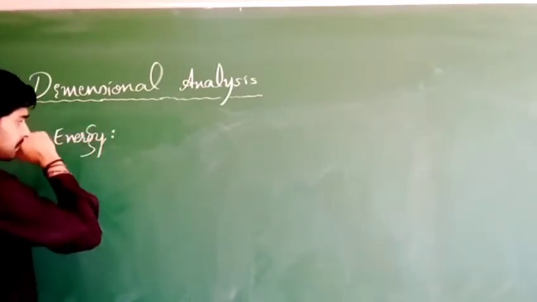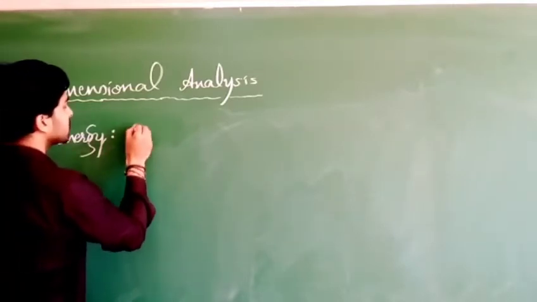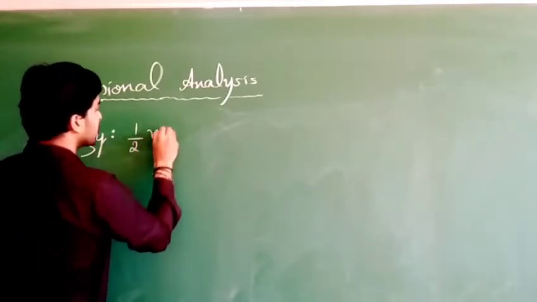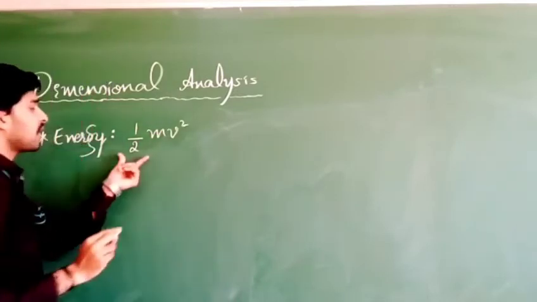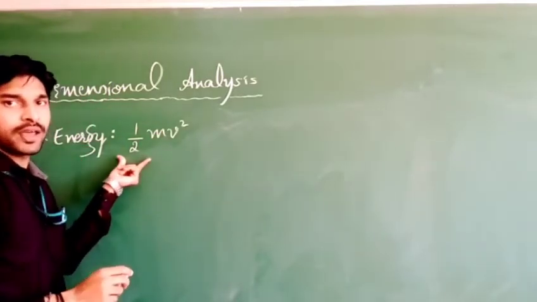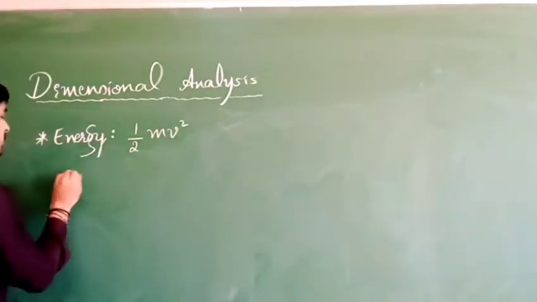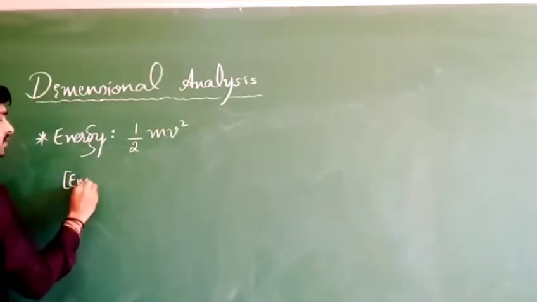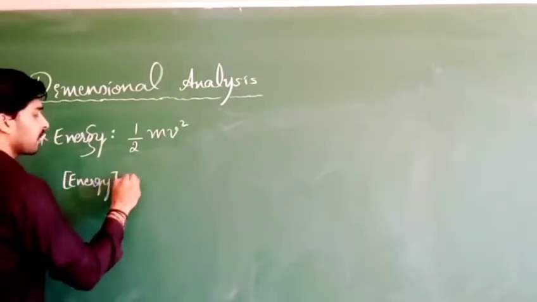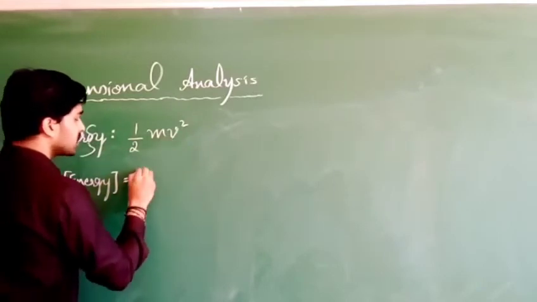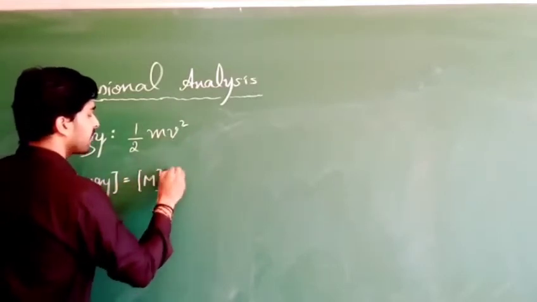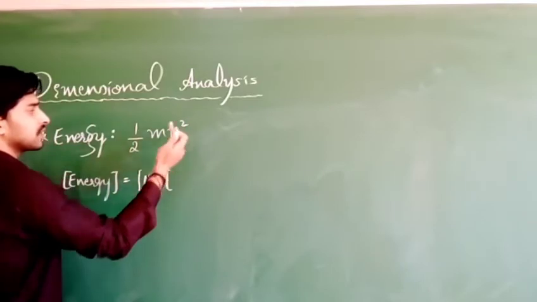So for energy, I will take the kinetic energy equation, that is nothing but half mv square. This half is a constant, we can't apply dimensions for this. So the dimensional formula for energy is the dimensional formula for this mass and for this velocity square.